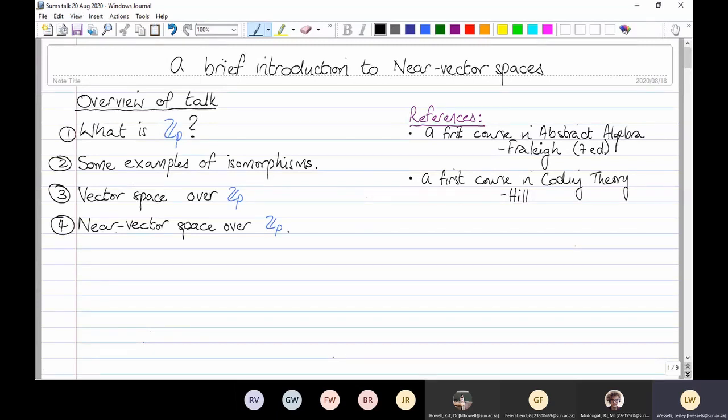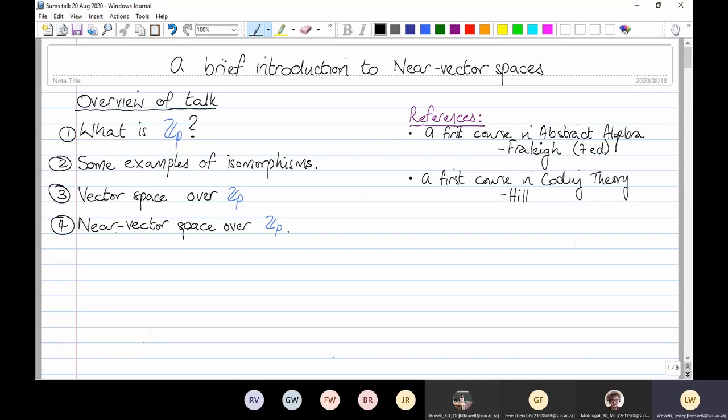And then I'm just going to do some examples of isomorphisms because hopefully I can explain to you, or at least show you, the definition of a near vector space. I'm not starting with that because it can seem complex. So for that you need to know what an endomorphism and an automorphism is.